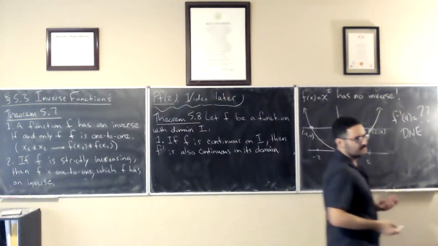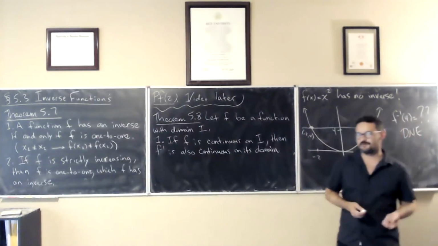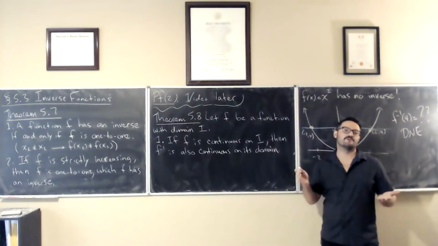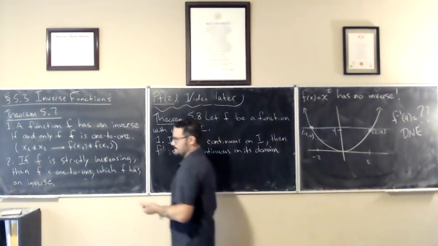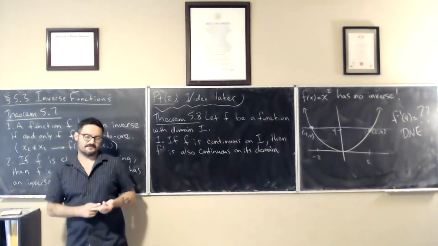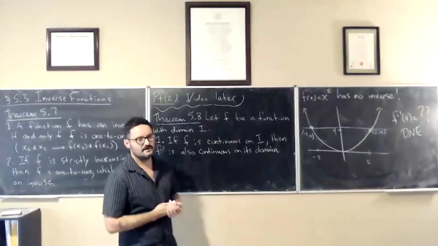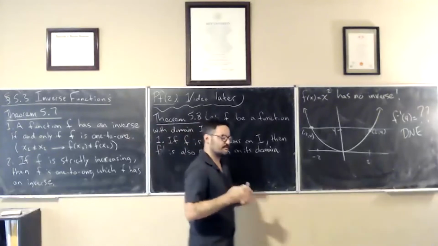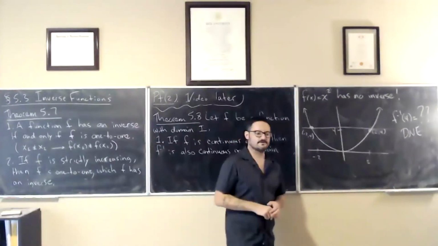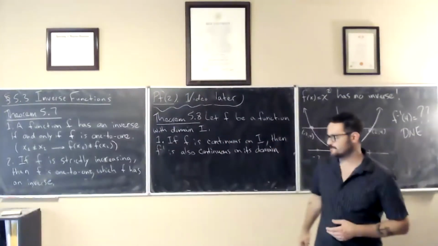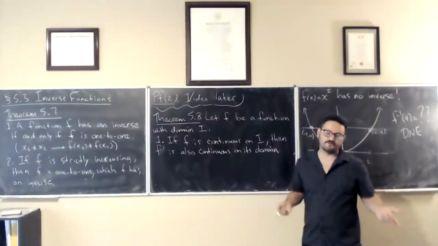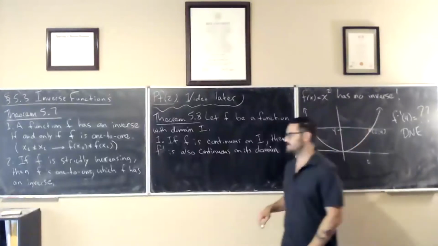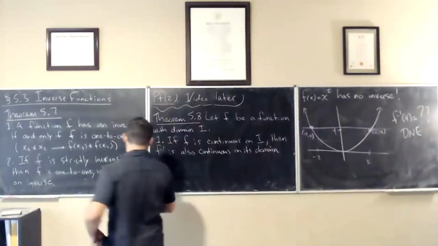Formally, a function f is continuous at a point c if f is defined at c, the limit exists as x approaches c, and the limit of f as x approaches c is equal to the function evaluated at c. That's the formal definition. But altogether, what it means is that the function behaves okay. There's no jumps in it, there's no gaps.